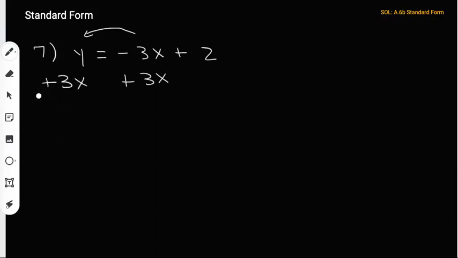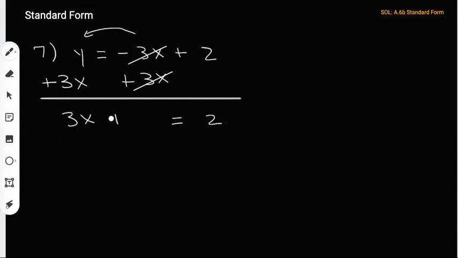So once I add the 3x, they cancel out on this side, leaving me with a 2. And then on this side, I'm going to have 3x plus y. And now I have it in standard form.